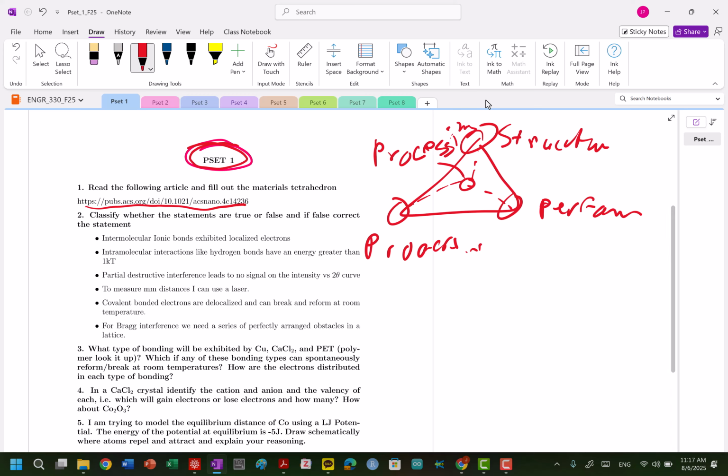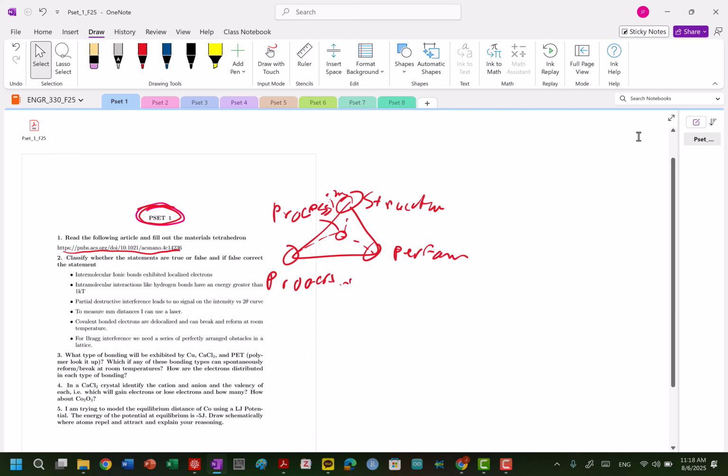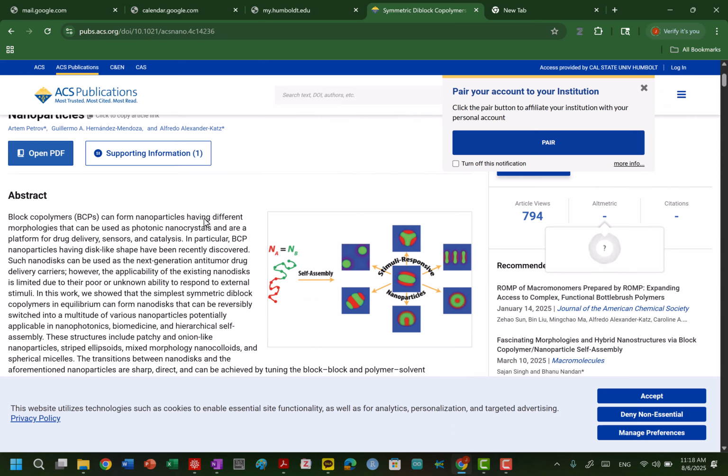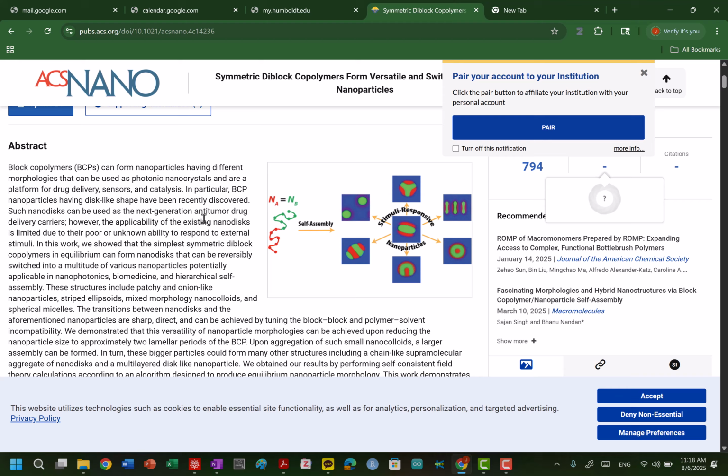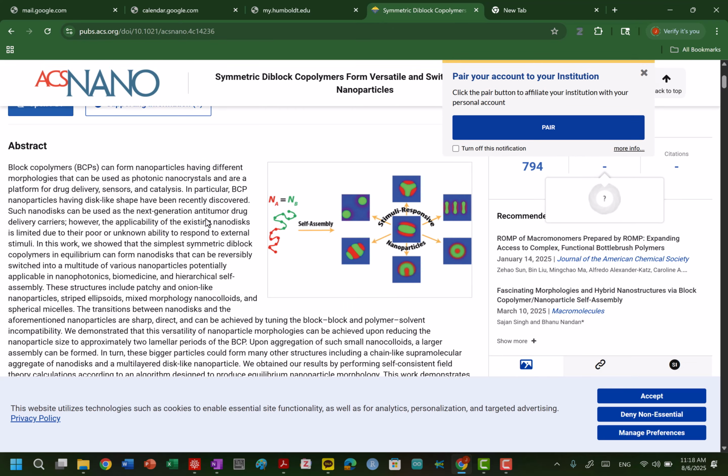Again, we want to map one of the materials processes to each of these corners. So we're going to look at this little abstract from this article about block copolymers that self-assemble, and they form these nanostructures.